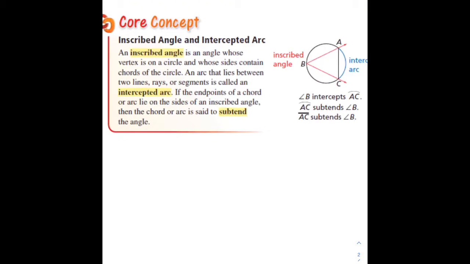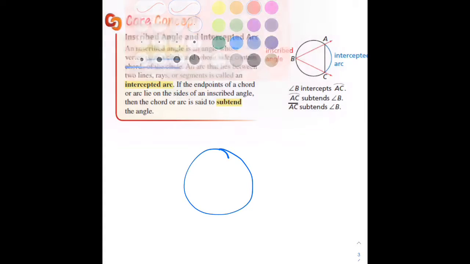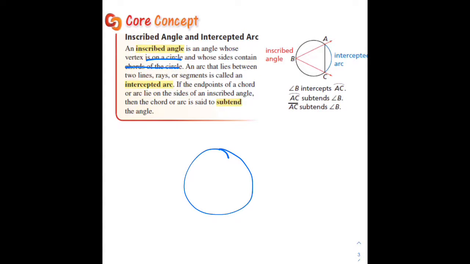If we have an inscribed angle, it's an angle whose vertex is on the circle and whose sides contain chords of the circle. An arc that lies between two lines, rays, or segments is called the intercepted arc. So what they mean is if I have a circle and I draw an angle with rays or segments where the vertex is on the circle, the intercepted arc is what is in between those rays, segments, or lines.